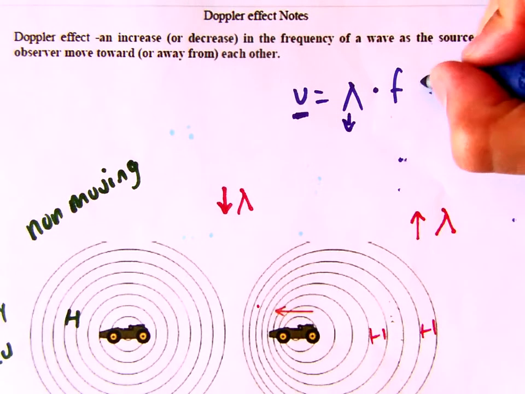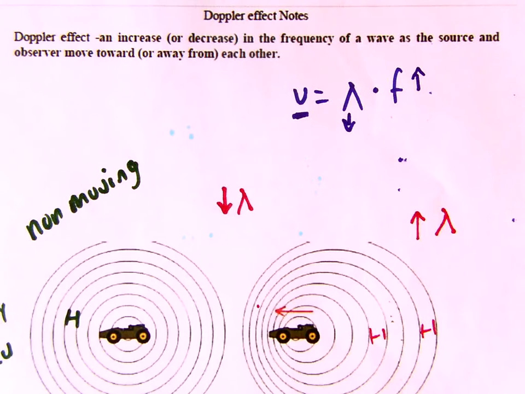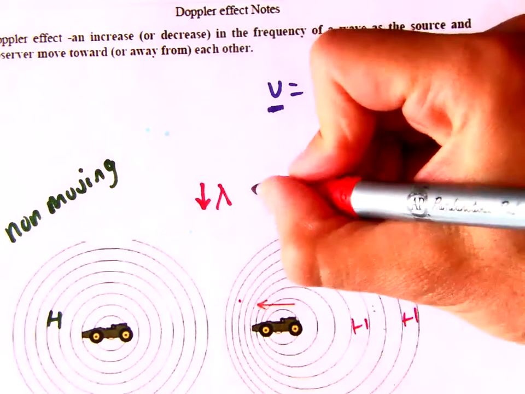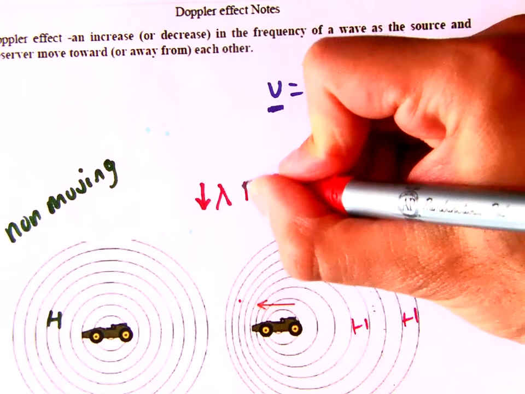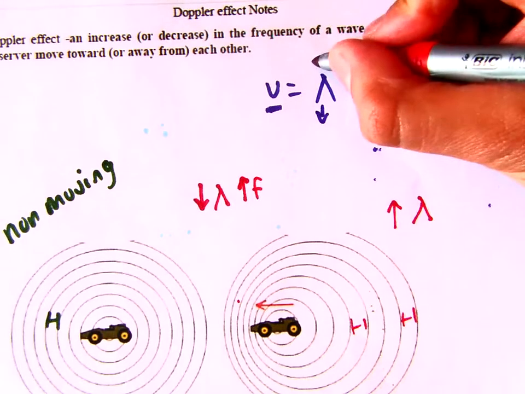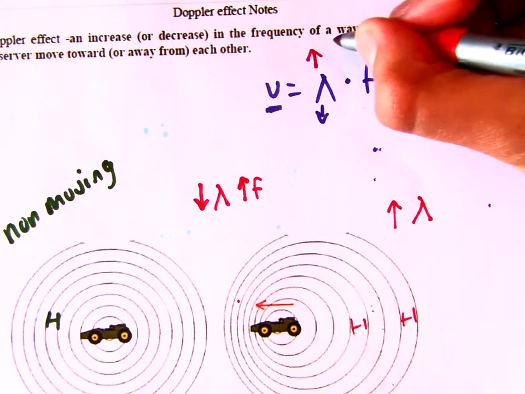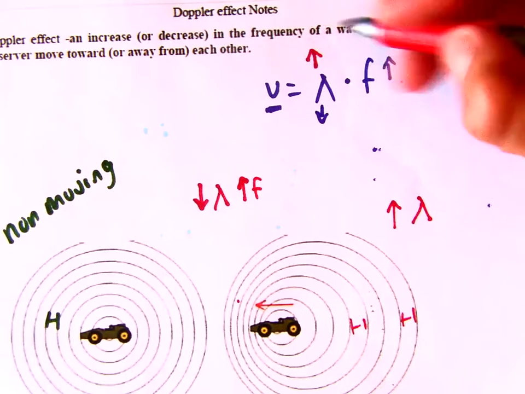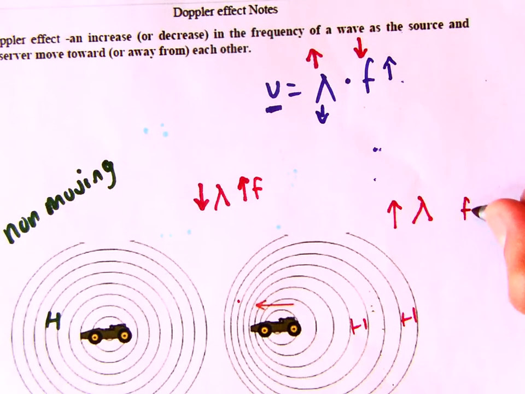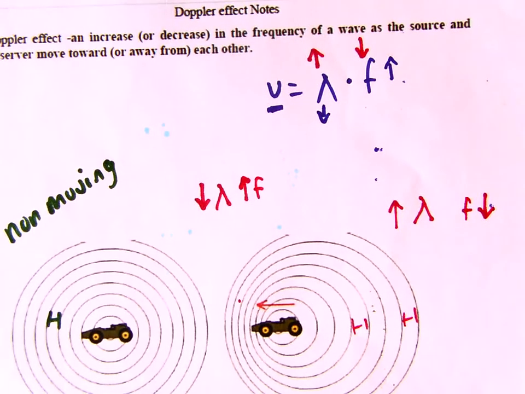So my frequency has to go up. In other words, here, when the wavelength goes down, my frequency goes up. Same thing here, or rather the opposite. Here, my wavelength goes up, so in order to keep the speed the same, my frequency has to go down. Frequency goes down. Okay?